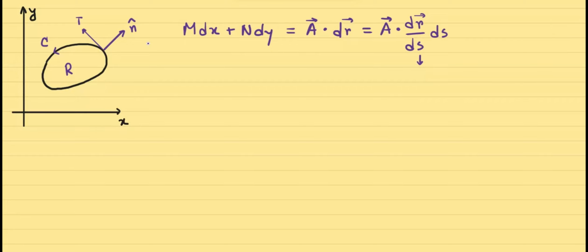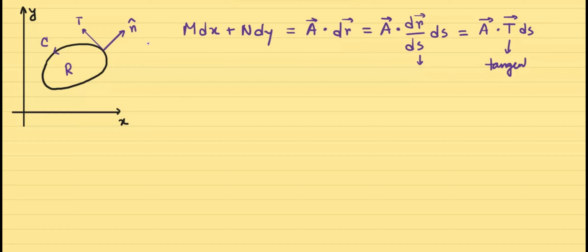It can actually be anything else. It can be any affine parameter, or just any parameter, right? I don't have to specify what this is. And then we have A dotted with t, and we have ds, where t is the tangent vector.